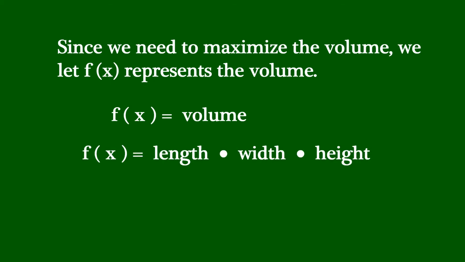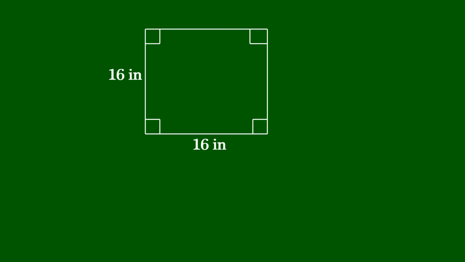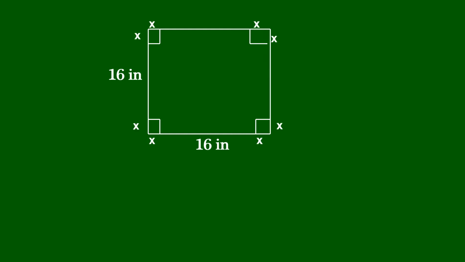Let's look at again our illustration. X is going to represent the dimension of the squares that we are going to cut. If we are going to cut a square in every corner, then naturally the side length will not be 16 inches anymore, because we are going to remove one square from the top and another square at the bottom. So the measurement 16 inches will decrease according to the dimension of the x that's going to be removed.